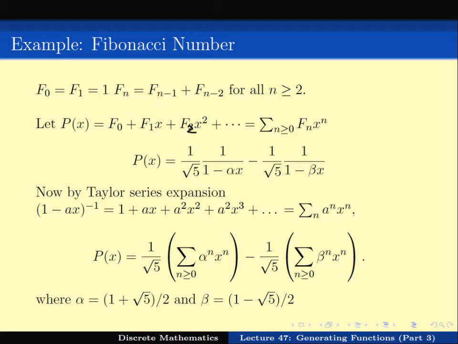And thus we have written P(x) as a power series where the coefficient of x to the power n is 1 by square root 5 times (alpha to the power n minus beta to the power n), and that is exactly equal to f_n.